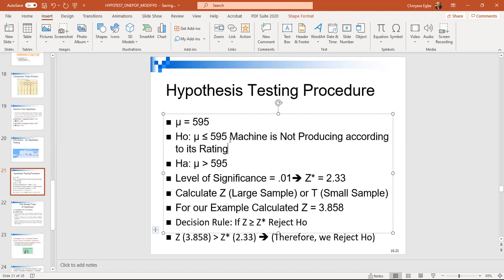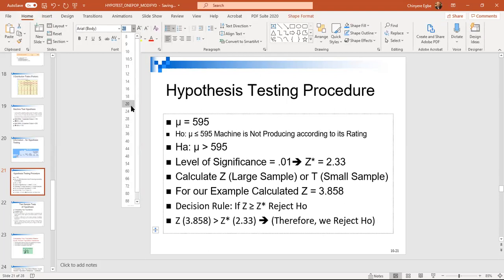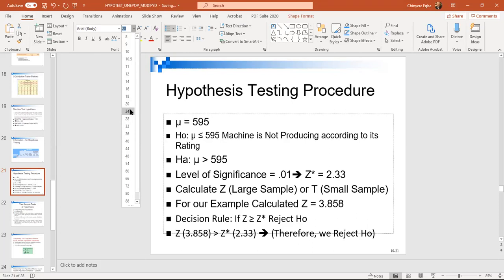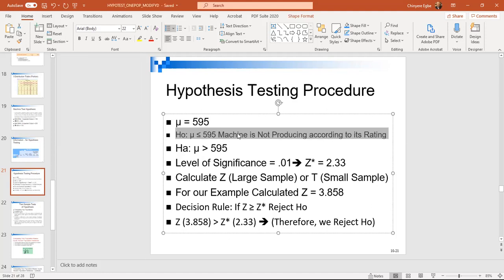Okay, and so machine is within its rating.